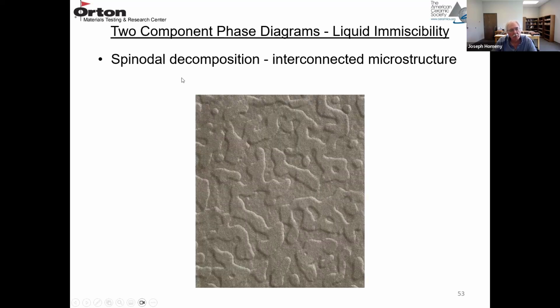And then the spinodal decomposition, because it's a gradual change in concentrations, is going to give rise to this interconnected microstructure. So this could be the A phase, this could be the B phase. You can see how each one is a continuous phase in the other one. So totally different kinds of microstructures.